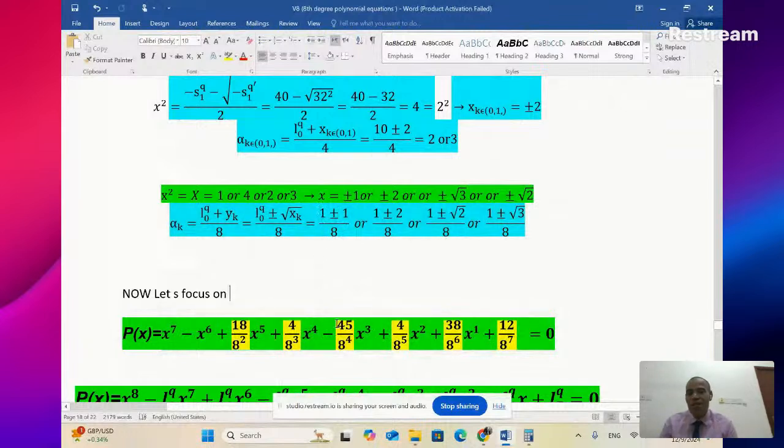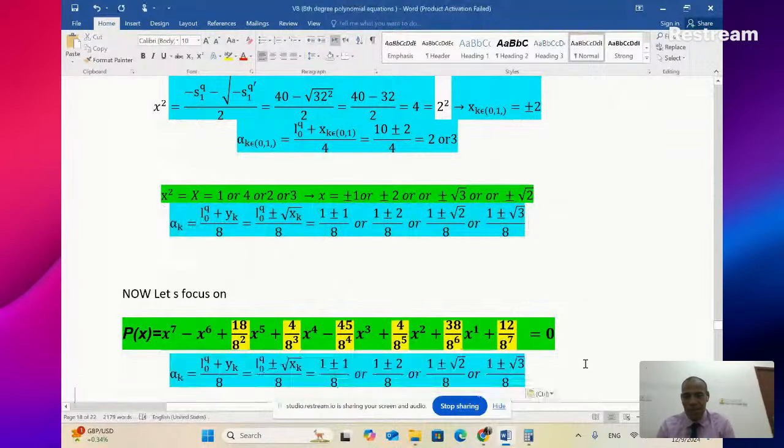Now, the roots of this 7-degree polynomial equation, learners, are these. I will write it here as a conclusion. The roots are, now I will ignore minus because 1 minus 1 is 0. 0 divided by 8 is the first root of my 8th degree polynomial equation, or the first root of this polynomial to the power 7 when extending its power to 8.